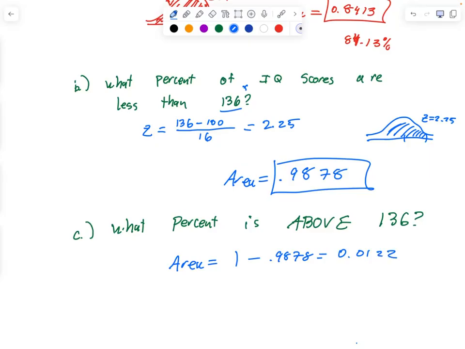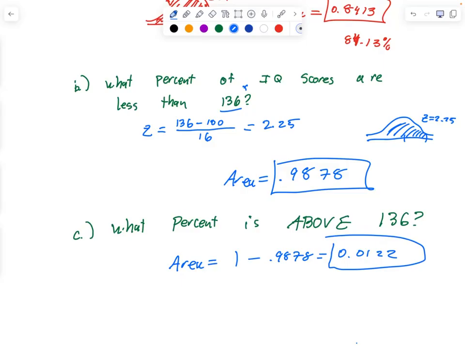The area here below was 0. What was the answer for A? 0.8413. It's the answer for A. It's right there. And what was the answer for this area, for 2.25, the one that we just found, the area below? 0.9878.